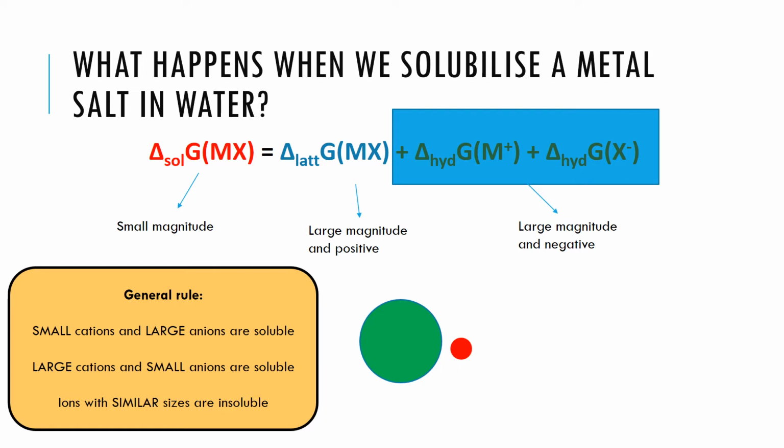And the reason for that is because the hydration enthalpy of a small ion is very large, i.e. more energy is released when a small ion dissolves in water as opposed to a larger ion, and that's because of the effective nuclear charge being higher with a smaller ion, and therefore there being a stronger attraction with water molecules and much more energy being released when that small ion dissolves in water. And if this Gibbs energy of hydration term dominates, is large and is negative, then it means that the overall Gibbs energy of solvation is also negative, and we predict solubilization of the salt.